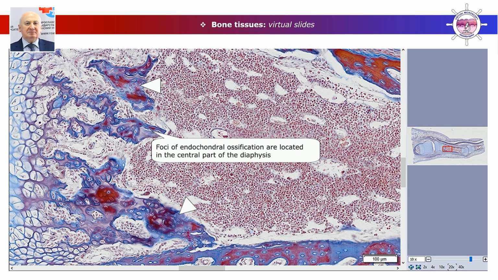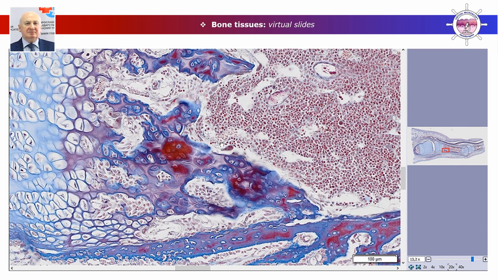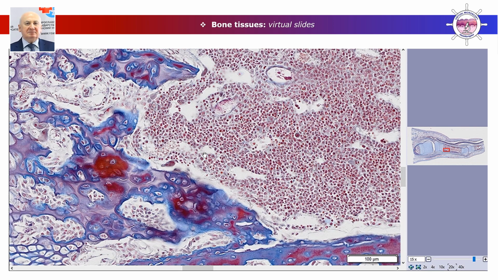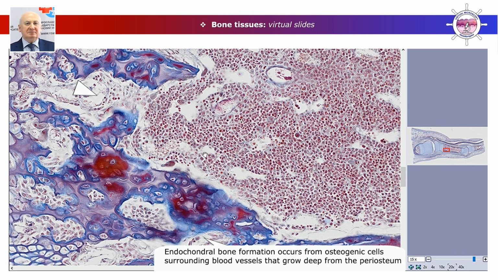Foci of endochondral ossification are located in the central part of the diaphysis. Endochondral bone formation occurs from osteogenic cells surrounding blood vessels that grow deep from the periosteum.